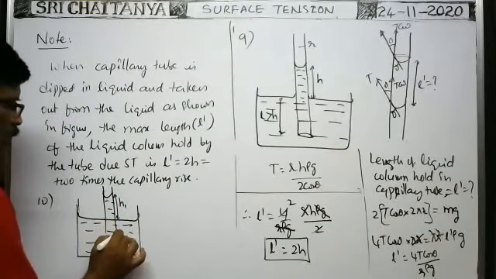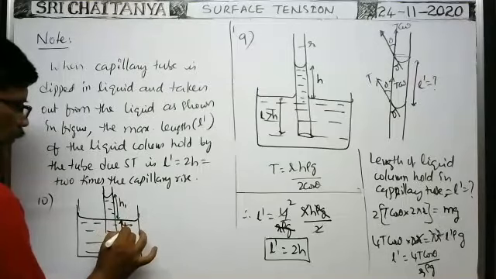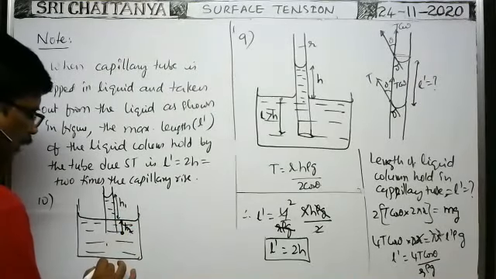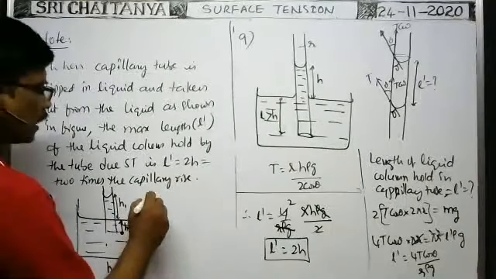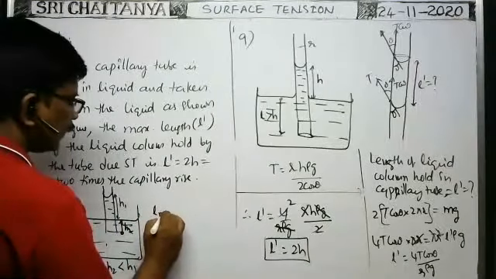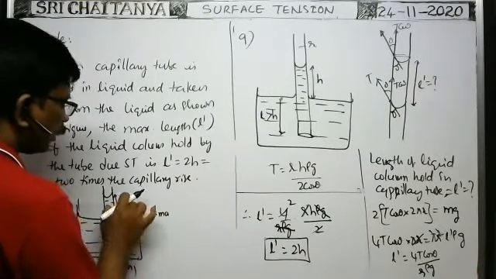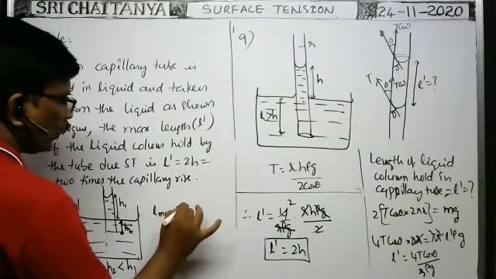The length of the capillary tube inside the liquid is H2, where H2 is less than H1. Then what is the maximum length of the liquid column that remains in the capillary tube when it is taken out?